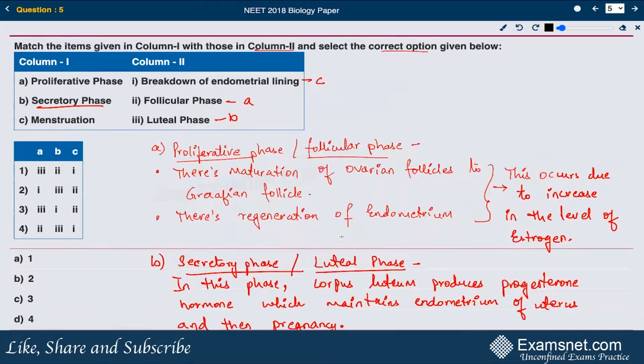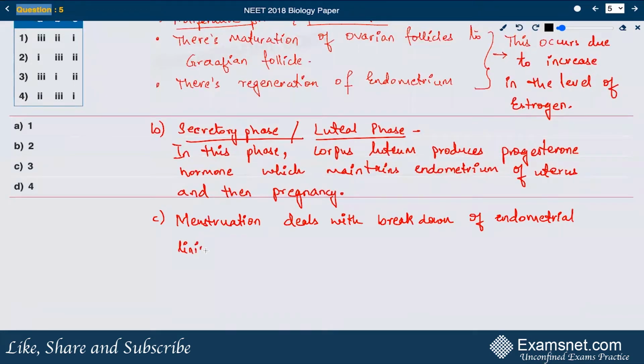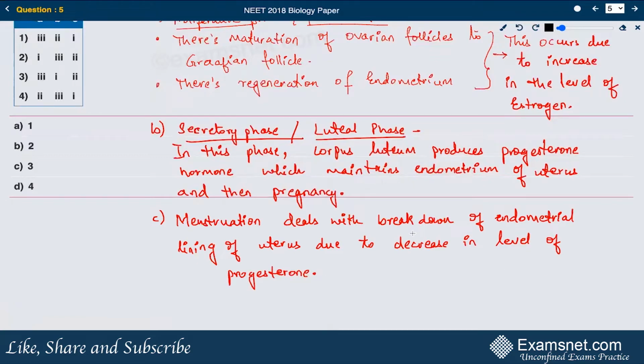So this is going to match up with C. So we can say that menstruation deals with breakdown of endometrial lining of uterus due to decrease in the level of progesterone. All right. So that is the case.